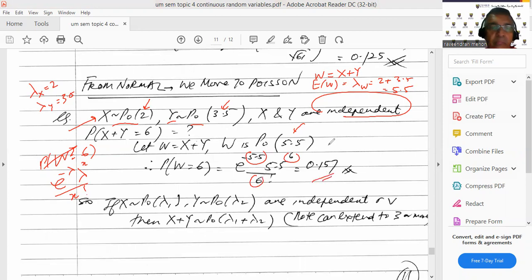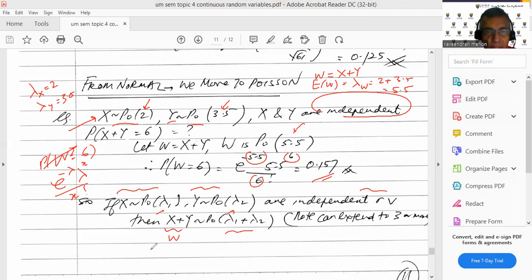So what's the point? If X is Poisson with mean rate lambda 1 and Y is Poisson with mean rate lambda 2, and if X and Y are independent random variables, then W, which is X plus Y, is also Poisson with mean rate lambda 1 plus lambda 2.